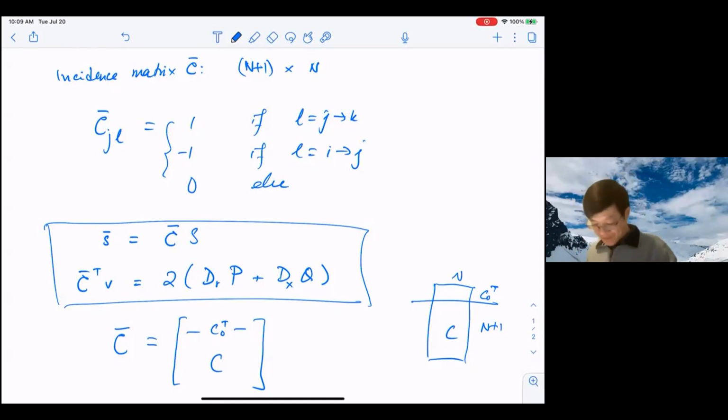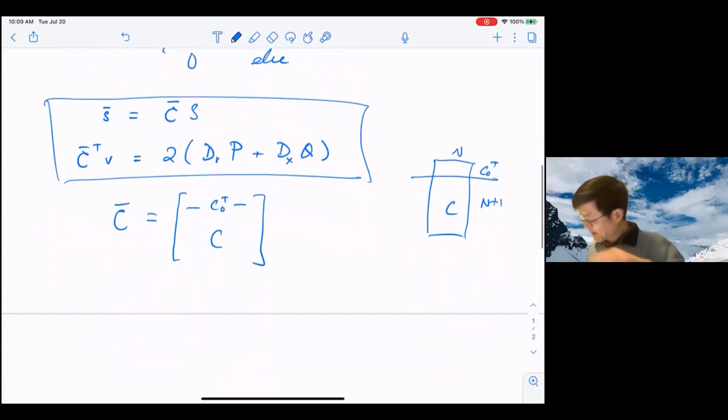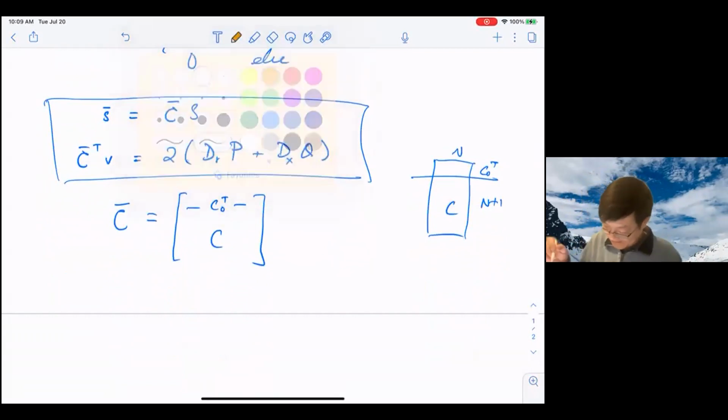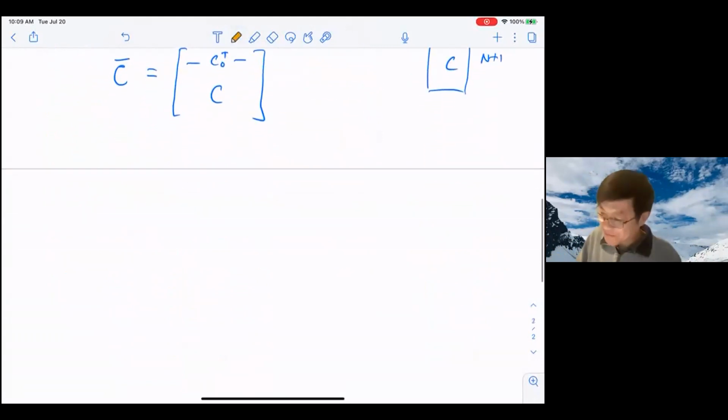This inverse has a very simple interpretation; details are in the notes.